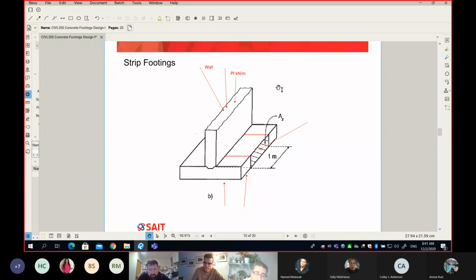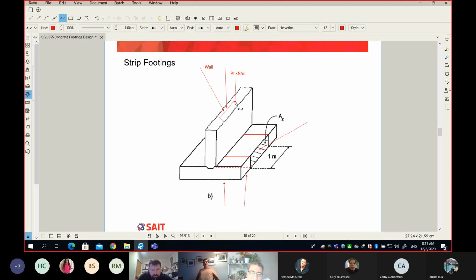Kilonewton. Yes, for the column, it is a point load and is estimated in kilonewton. For the wall, the load is estimated as kilonewton per meter. Per meter of what? Here we go, here is the meter, so per meter of the wall length. So this here is one meter.